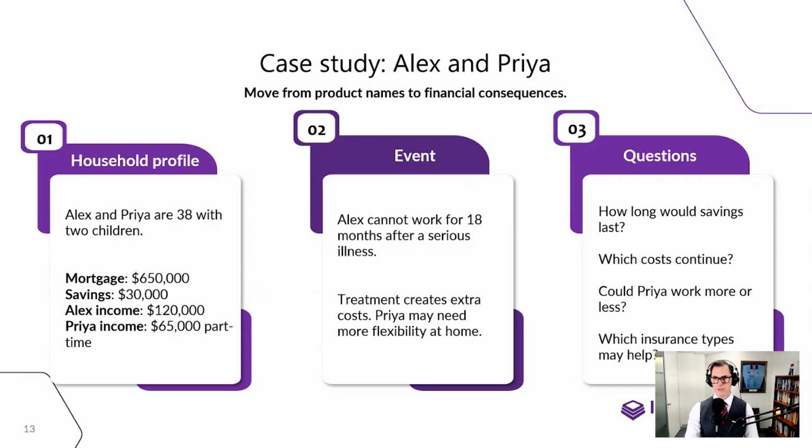We touched on the spouse or partner working less because of the care she would need to give Alex. And of course, in this situation, you could say all of the insurances might help. If the serious illness was serious enough that it became terminal, life cover is important. This could be a TPD event. We don't have enough information here to know what has happened to Alex.